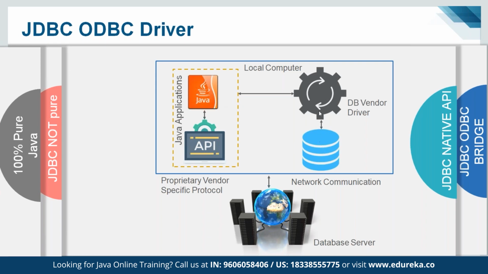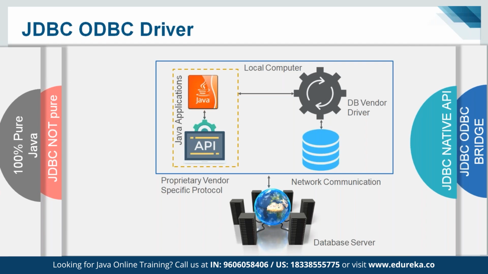That's called the native API. In Oracle, the native API is called OCI, Oracle Call Level Interface. The Java program connects to OCI and works with the database directly. No need of going through ODBC. Performance is improved compared to ODBC. That's the native API, partially Java driver.